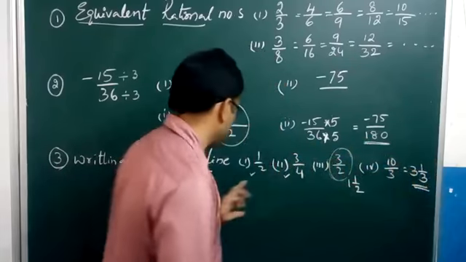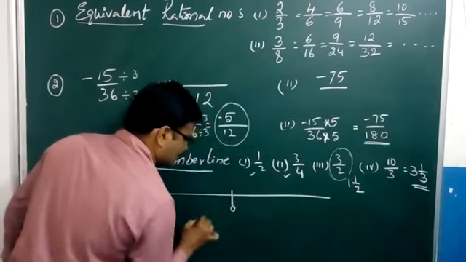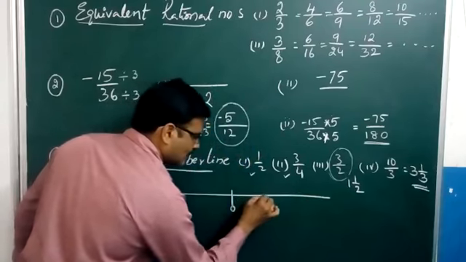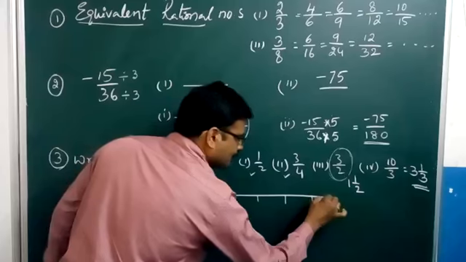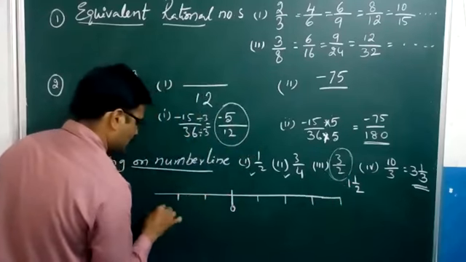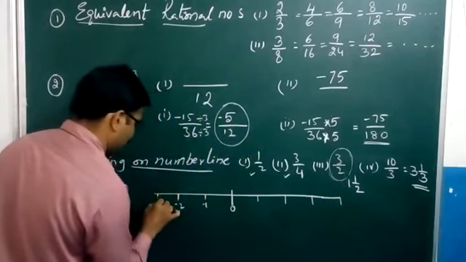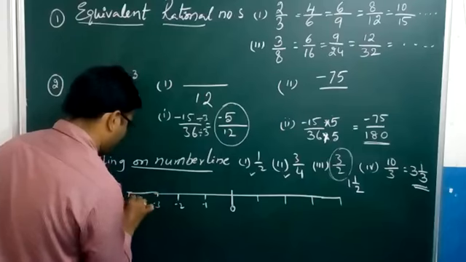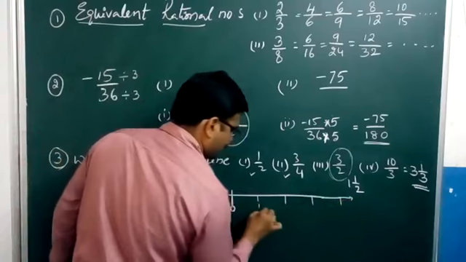So if you are writing on a number line, you can take 0, then 1, 2, 3 and 4. Okay, so you can also take -1, -2, -3, -4 on the number line.